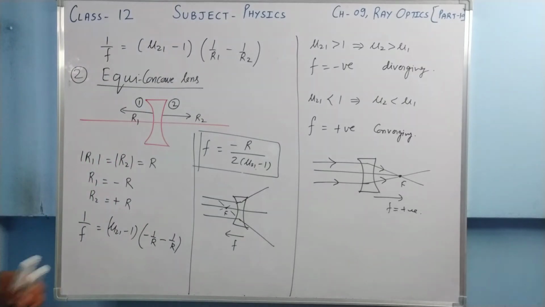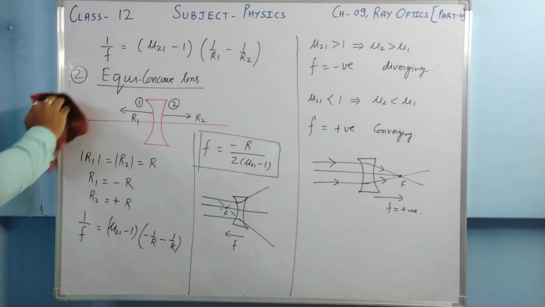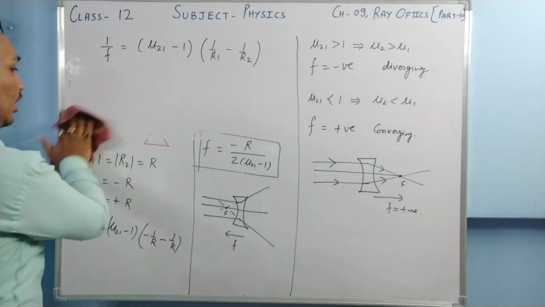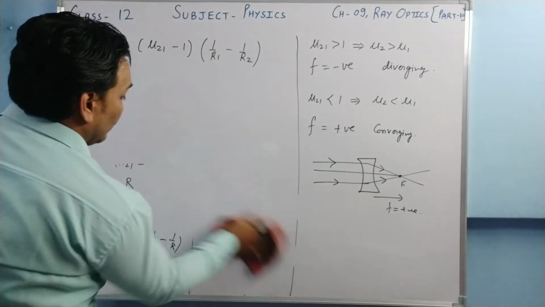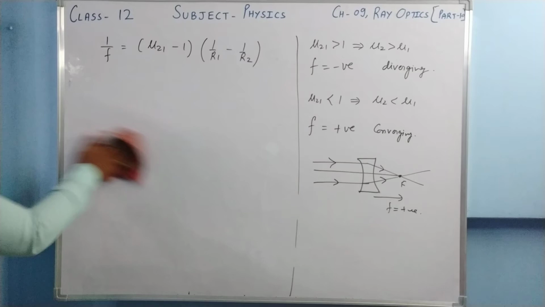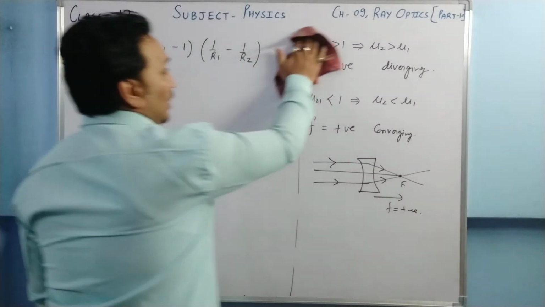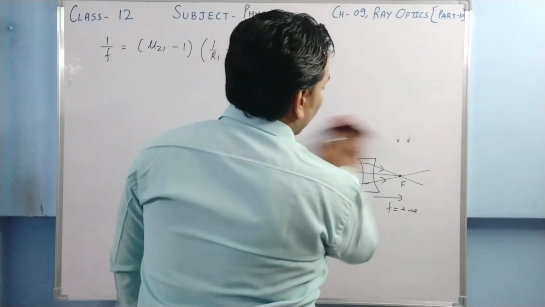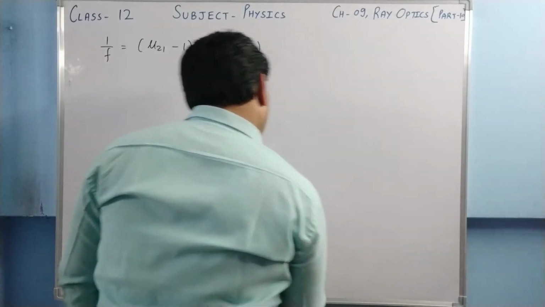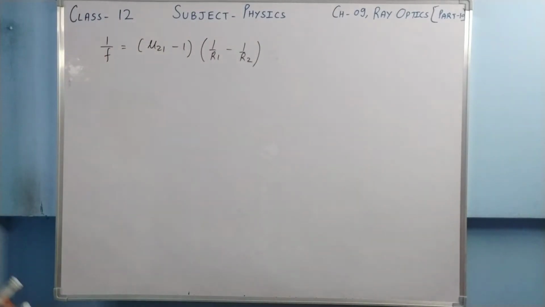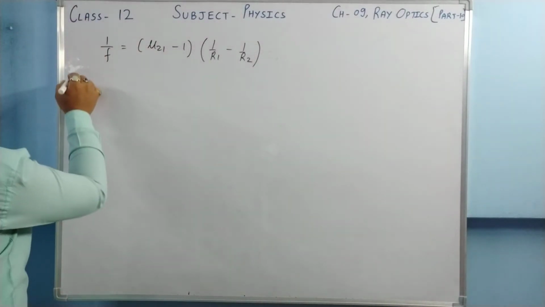Okay, so this is the application of Lensmaker's formula to the equiconcave lens. Now let us try to apply this to plano-convex and plano-concave. The third case I am going to take is plano-convex.